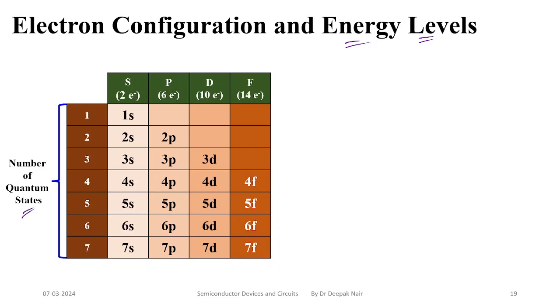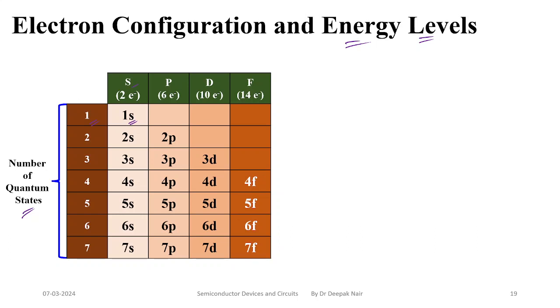First of all, remember when we say energy levels, these energy levels are discrete and they are generally described by the number of their quantum states. Every atom can have X number of electrons, and those electrons will have a type of shell associated with them.